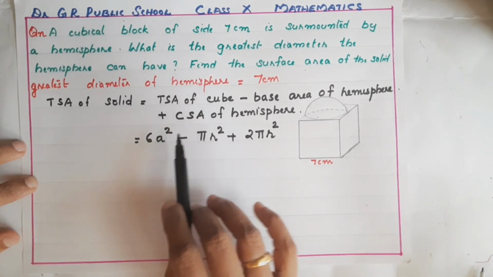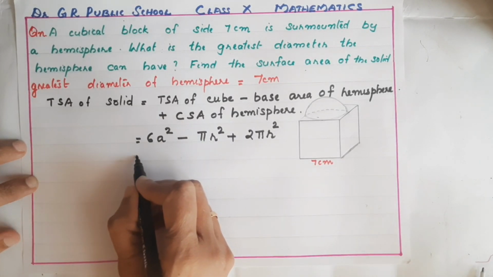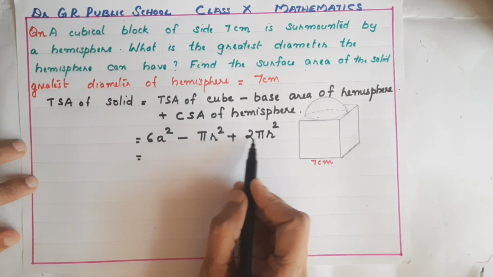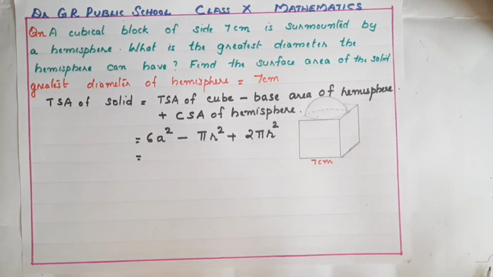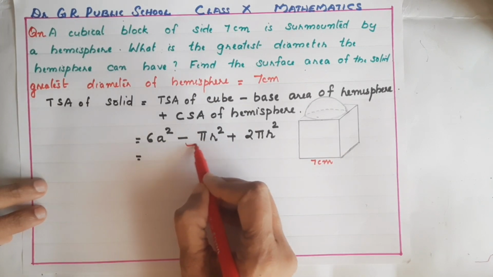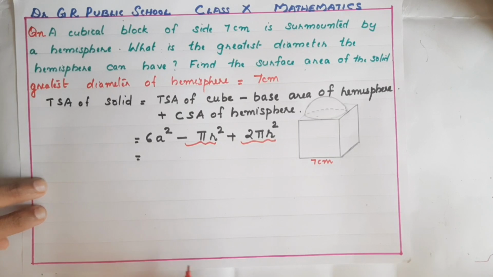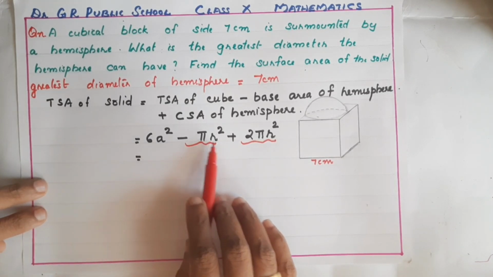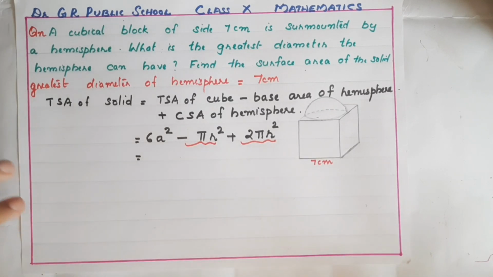So don't go for separate calculation. Now before subtracting, you can check this step. See, here we have minus pi r square, and here we have plus 2 pi r square. So minus pi r square plus 2 pi r square. 2 pi r square minus pi r square is plus pi r square.